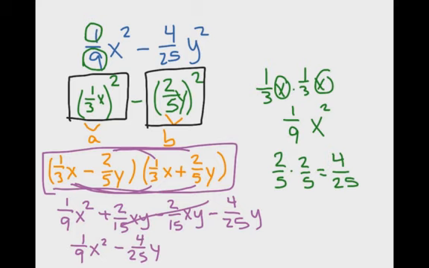So whatever that a value is minus whatever the b value is, and then in the second parentheses you have whatever the a was plus whatever the b was. Since the signs are different and our a and b values are the same in both sets of parentheses, that means our middle terms here cancel out.